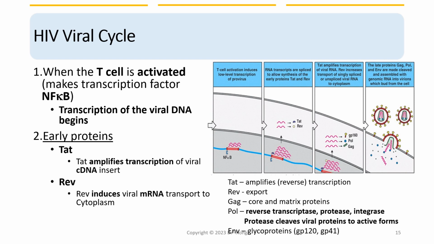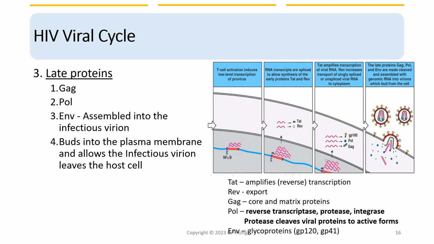The early proteins TAT and NEF are then produced. TAT amplifies transcription of the viral cDNA, and NEF, on the other hand, controls the supply of viral RNA to the cytoplasm and the extent to which that RNA is spliced.